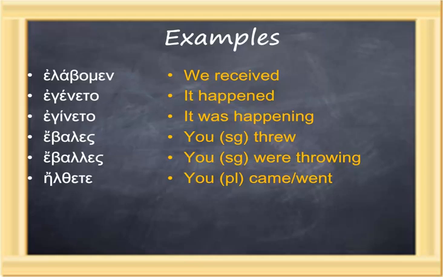Elthete, from erchomai. This verb, the present stem is deponent, but the second aorist stem is not deponent, so it's simply translated you came or went. Heuren is the augmented stem of heurisko, aorist stem, she, he, or it found.